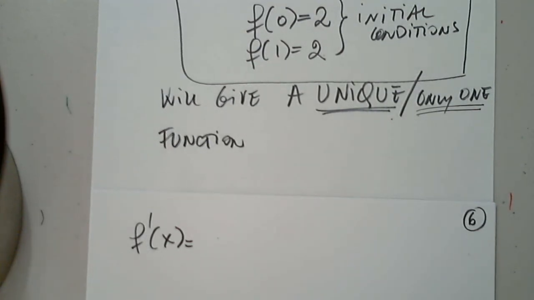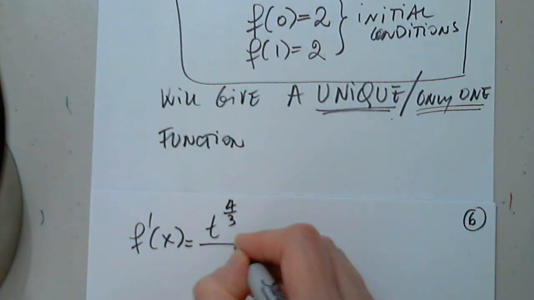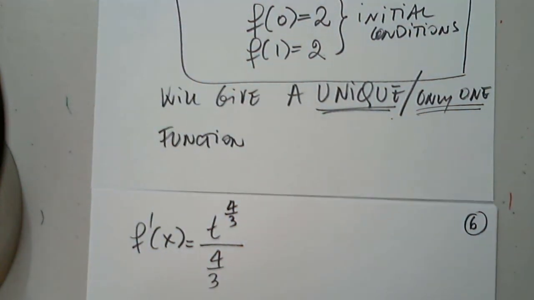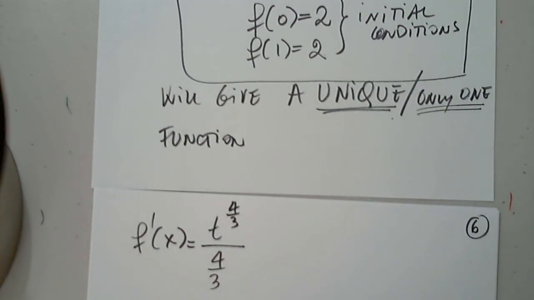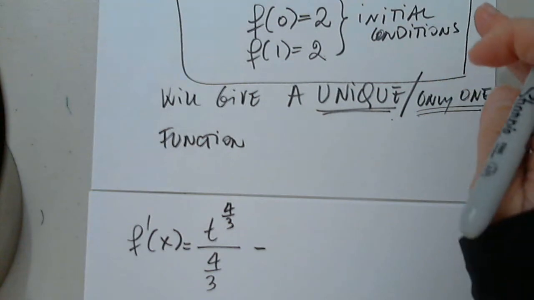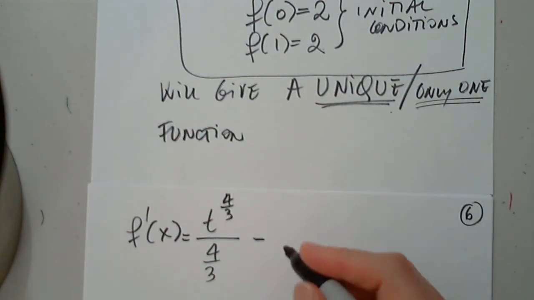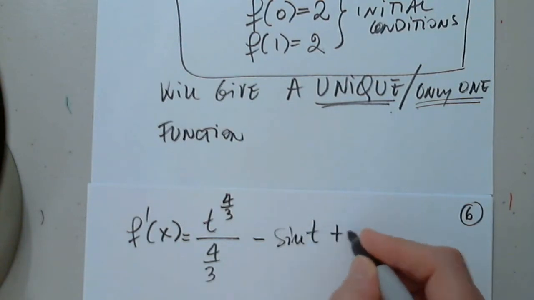Would it be t to 4/3? Yes. Over 4/3? T to 4/3 over 4/3. Excellent. So it's 1/3 plus 1. Very good. So minus, which function prime is cosine t? Sine t. Excellent. Plus a constant c.